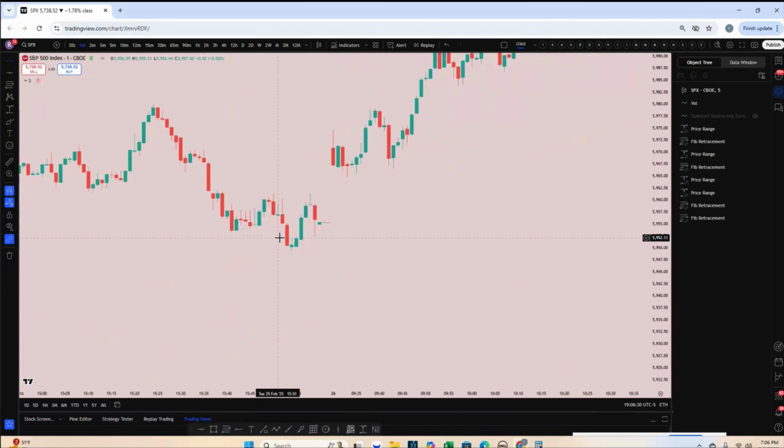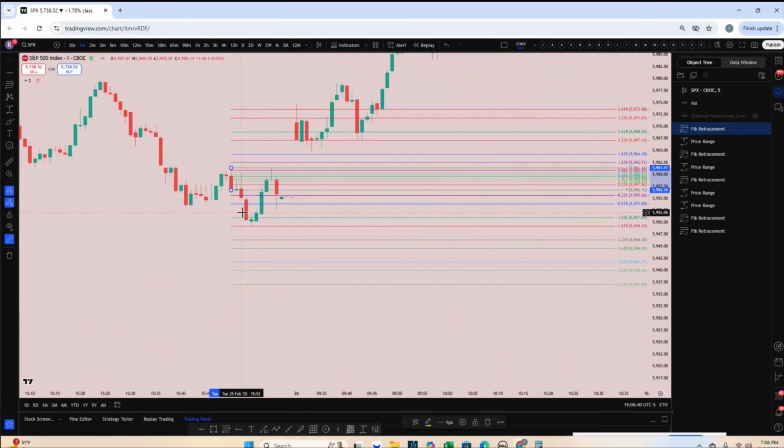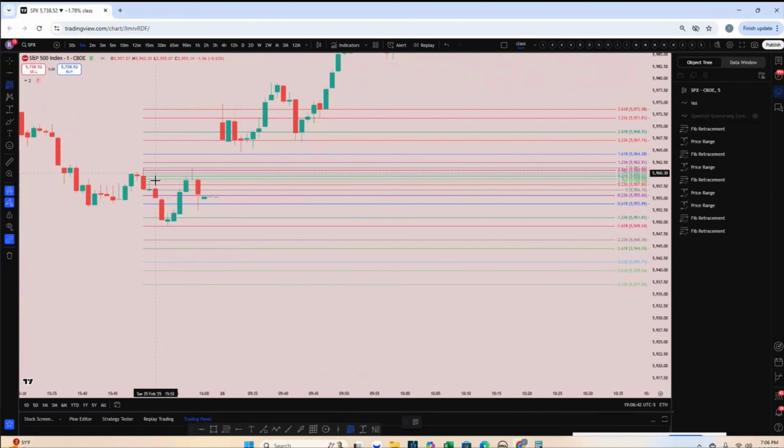Let's see what we got here. 350 candle, red. See the benefits of the retracement, right? So 769 was your get in at the close of that candle.